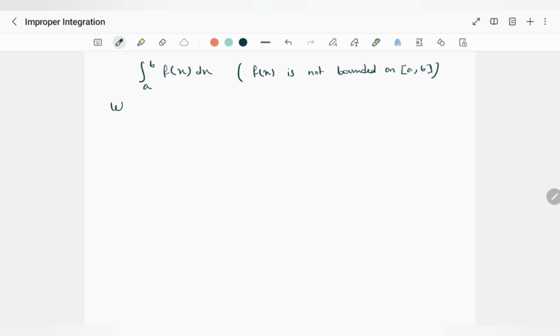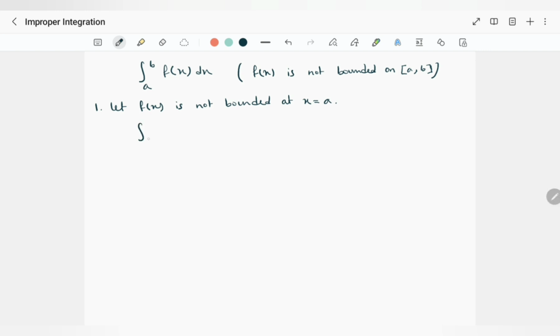So let first f(x) not be bounded at x equal to a, only at x equal to a.